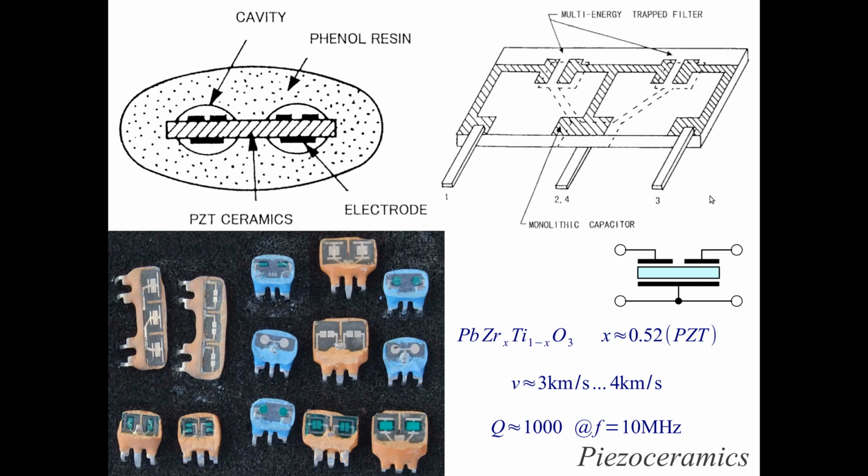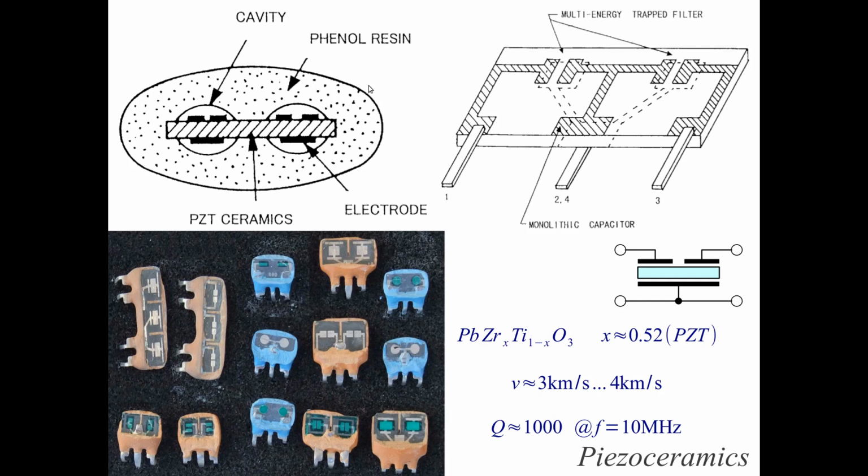Besides crystals, we have other piezoelectric materials. One such piezoelectric material is lead zirconate titanate. Lead zirconate titanate is a very efficient piezoelectric ceramic. Of course, piezoelectric ceramic is an amorphous material, so it does not exhibit piezoelectric effects as it comes out of the furnace baking this ceramic.